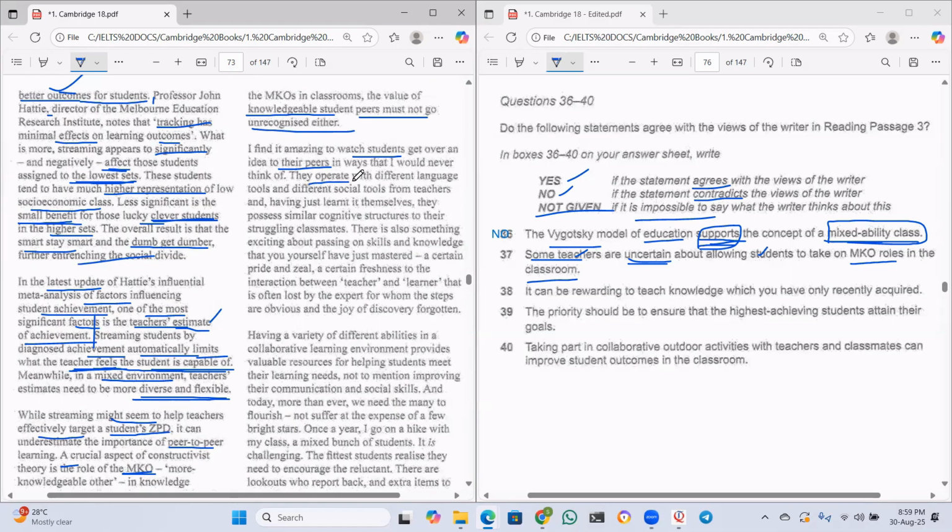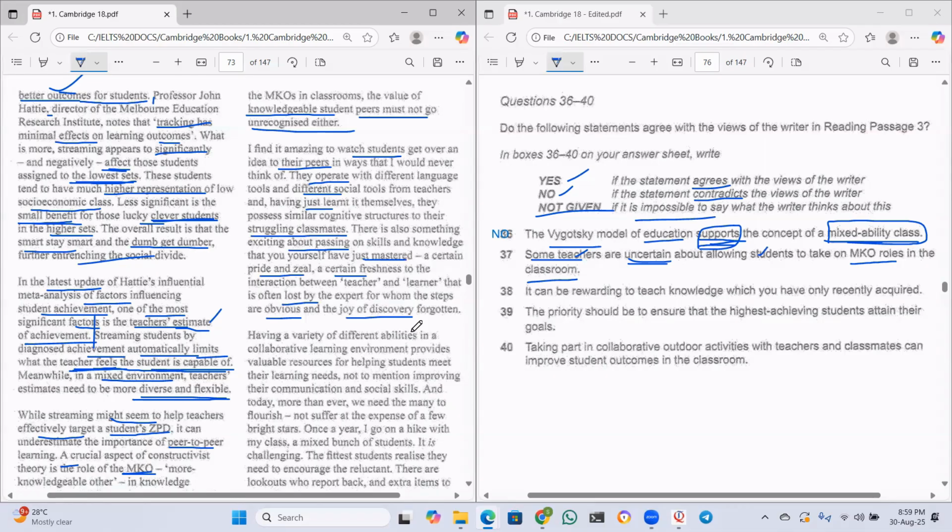They operate with different language tools, different social tools from teachers, and having just learned it themselves, they possess similar cognitive structures to their struggling classmates. There is also something exciting about passing on skills and knowledge that you yourself have just mastered. A certain pride, zeal, and certain freshness to the interaction between teacher and learner that is often lost by the expert for whom the steps are obvious and the joy of discovery forgotten.